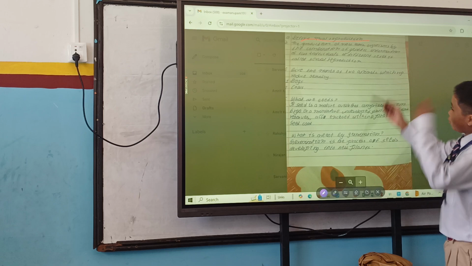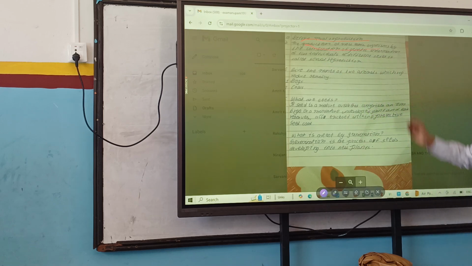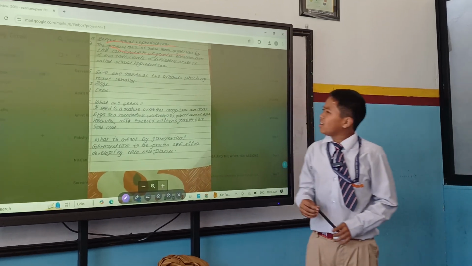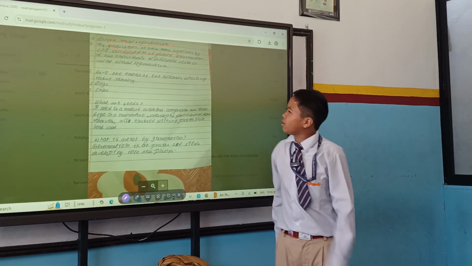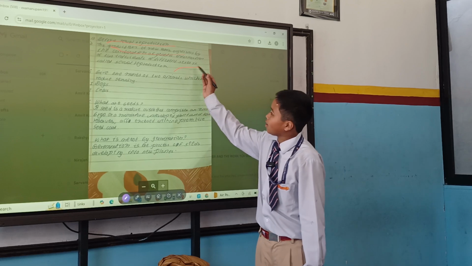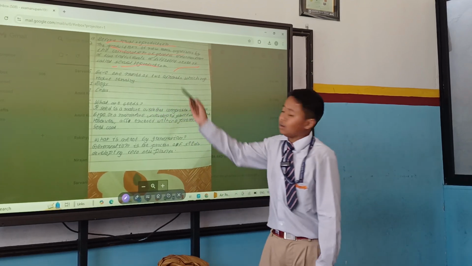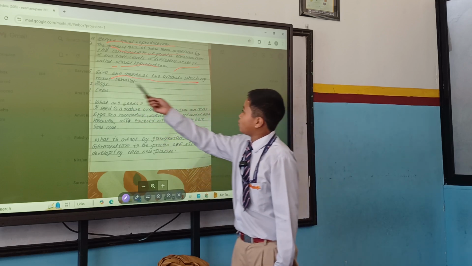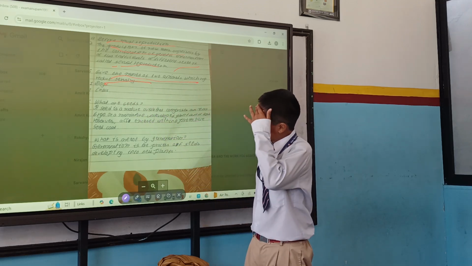Define sexual reproduction. The production of new organisms by the combination of genetic information of two individuals of different sexes is called sexual reproduction. Give the name of two animals which reproduce sexually.